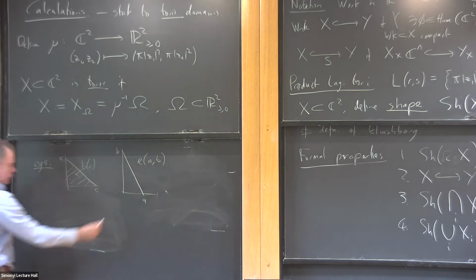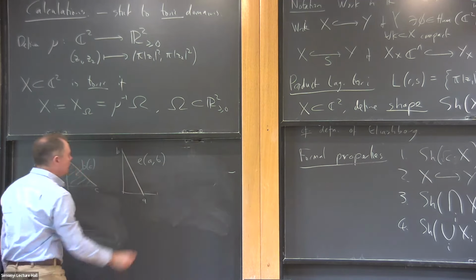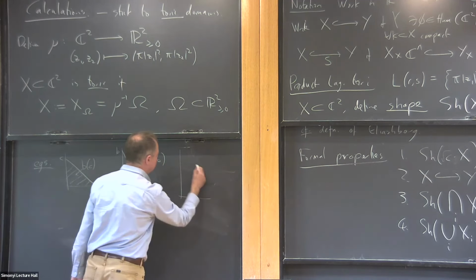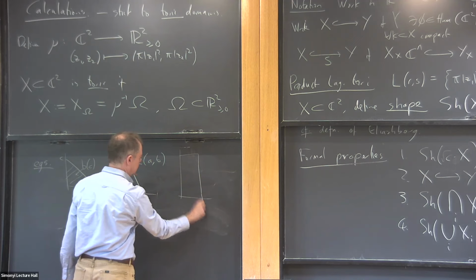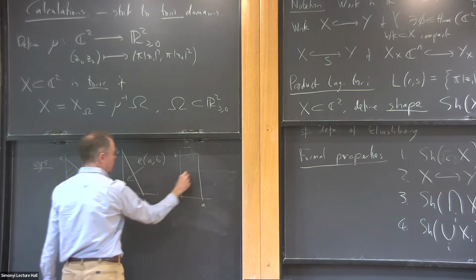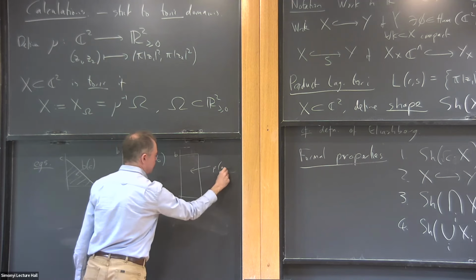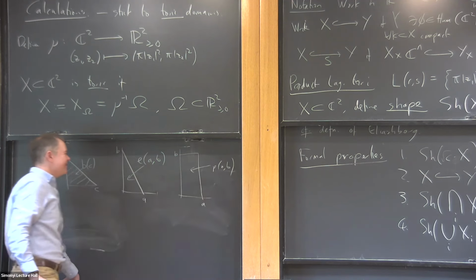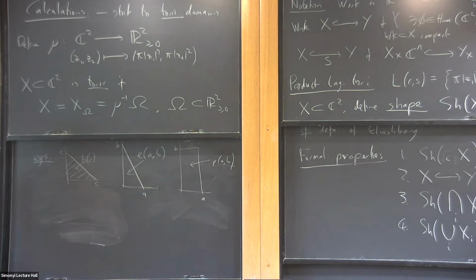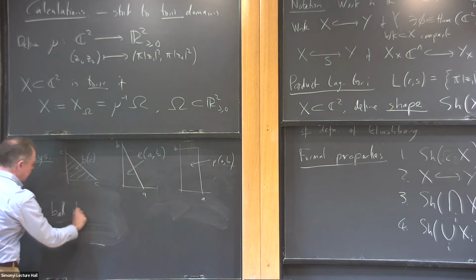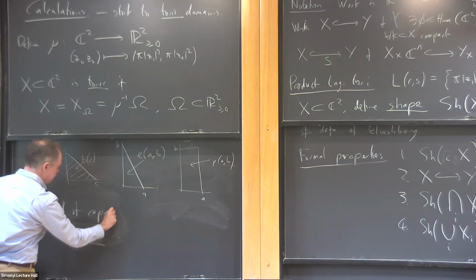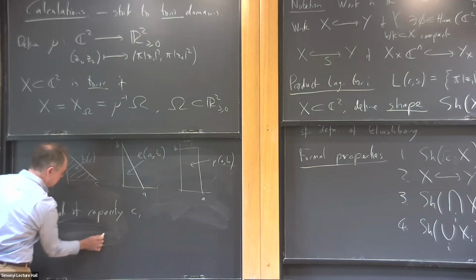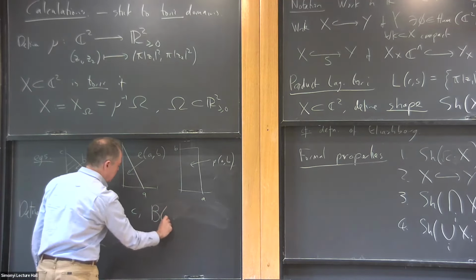So it's another right angle triangle, and then you can do a rectangle. So then we can define what's called a ball of capacity c, B(c).